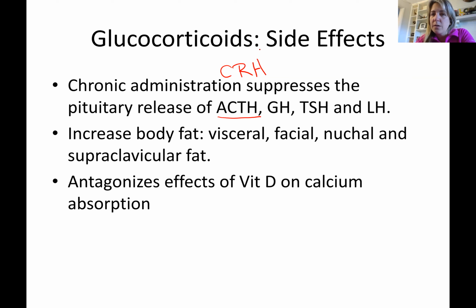Now, because steroidal anti-inflammatory drugs mimic, more or less, and look very similar to naturally occurring cortisol, the body is going to be confused. It doesn't know if it's cortisol or an exogenously administered steroid, such as dexamethasone. Because dexamethasone mimics cortisol, the body gets confused and stops releasing ACTH, CRH, growth hormone, TSH, thyroid stimulating hormone, luteinizing hormone, etc. So there's going to be an imbalance in all of those.